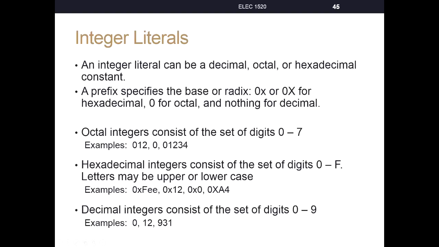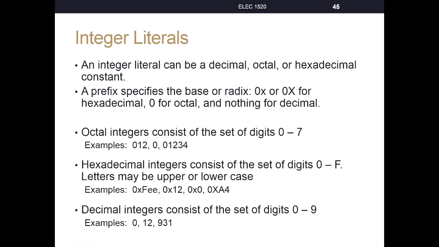You can mix the cases, it doesn't matter. Here's a hexadecimal value of 1, 2. Notice all of these are preceded with 0x. Here's how we write 0 in base 16, hexadecimal. Or you can use the capital X to indicate hexadecimal as well, as in 0XA4.